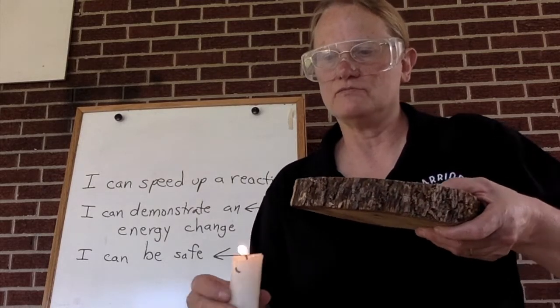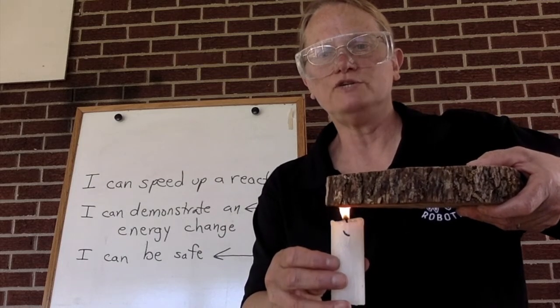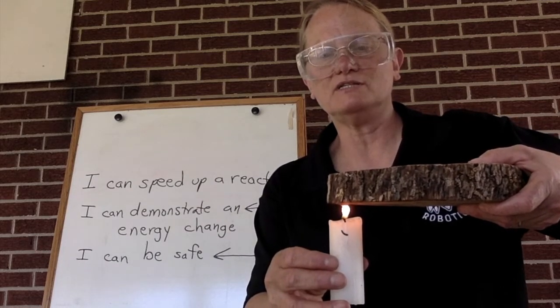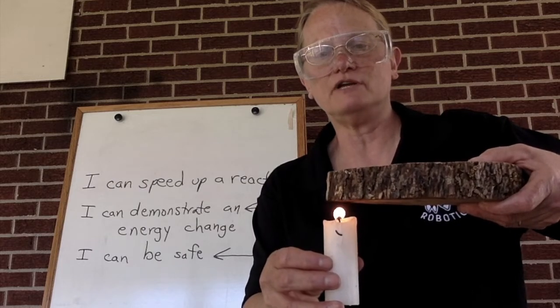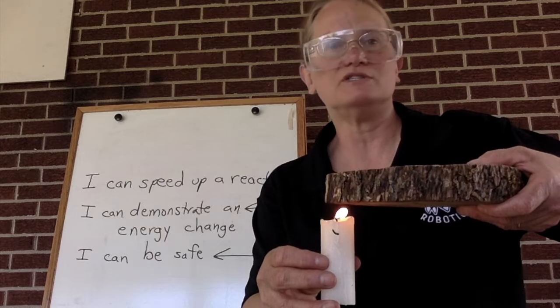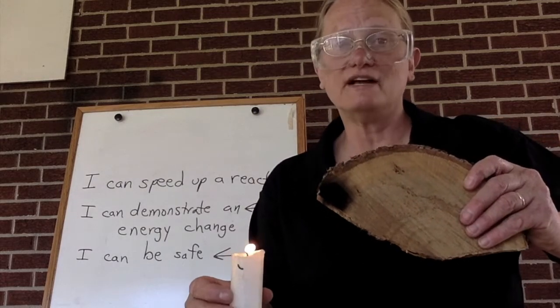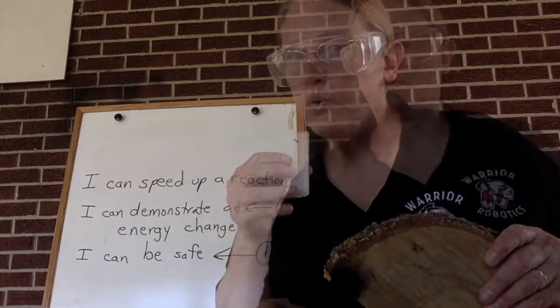Let's try a candle. Now that's a bigger flame. That should do the job. We should be done burning this in just a few minutes, and we will have changed the chemical energy into light and heat. Well, this is taking a long time. Well, it's better, it's faster, but it's not what I want.